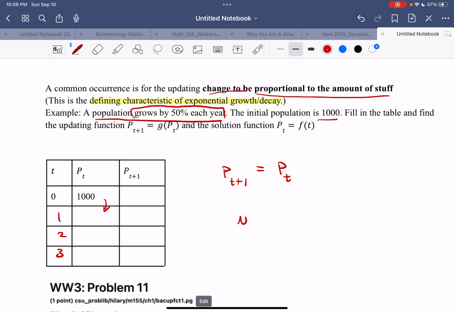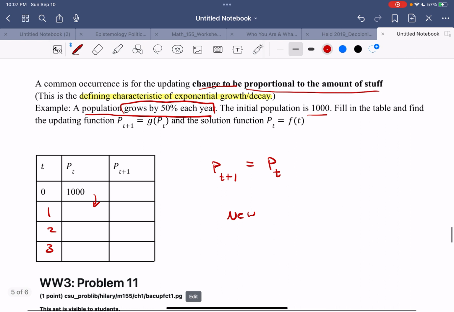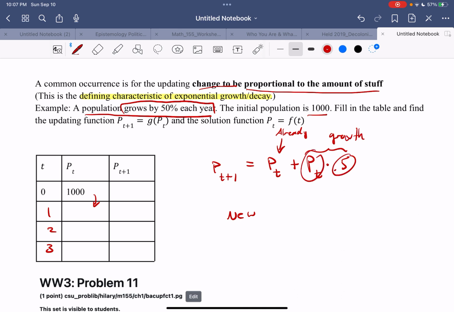So I should just write it like this: times 0.5. So we're imagining no one dies. This is just what already existed. But then the growth is 50% of what exists.